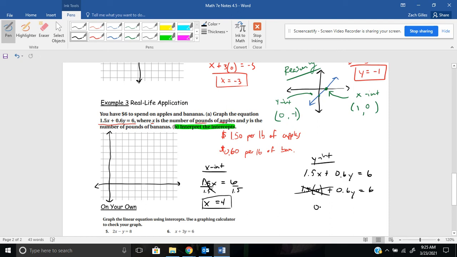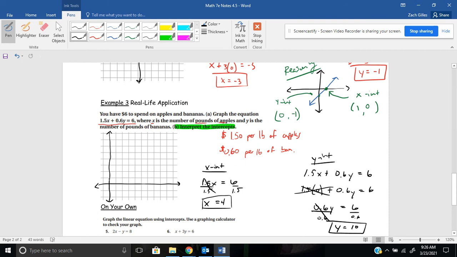I'm left with 0.6y is equal to 6. Last step, divide by 0.6 on both sides. And what will I be left with? 0.6 goes into 6 10 times. So there's my y-intercept.